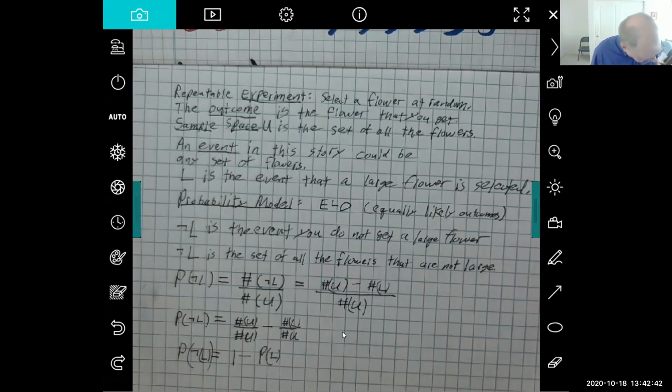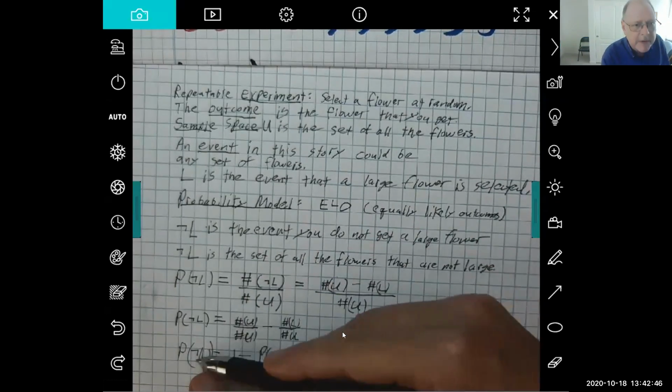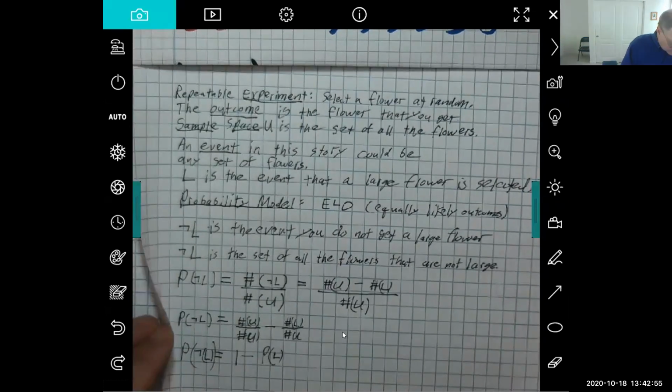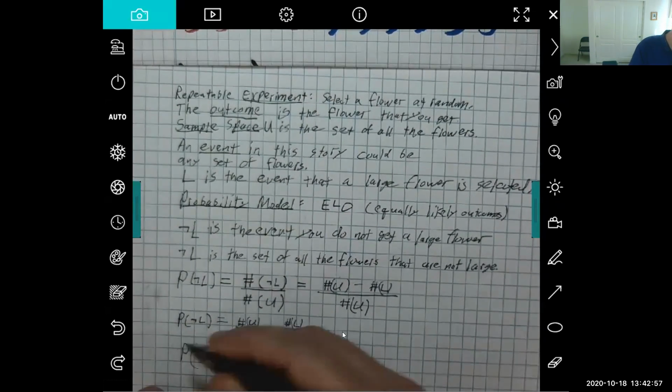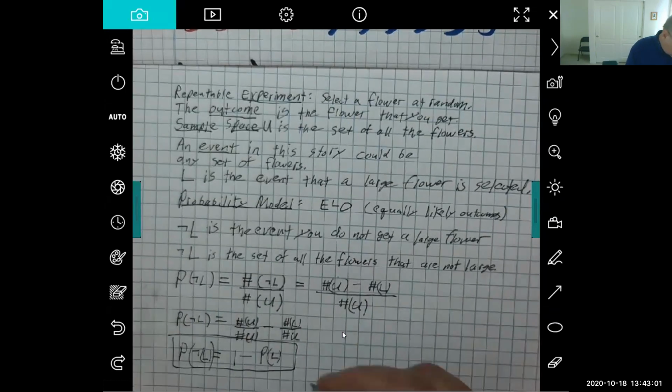Now, you can use this either way. Whichever one of them you need, P of L is 1 minus P of not L. So if you know one of them, you can find the other. So this is the law of the complement.